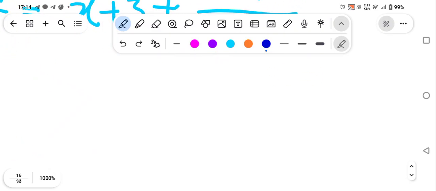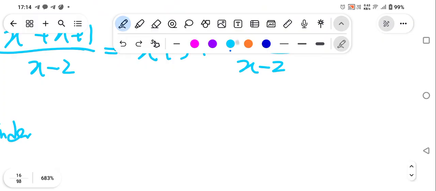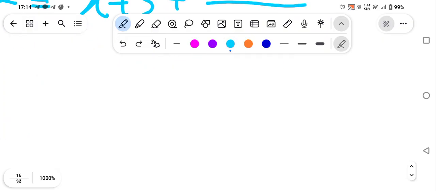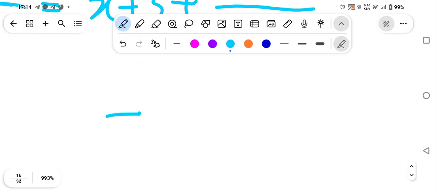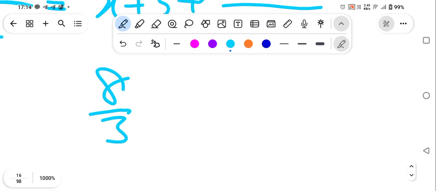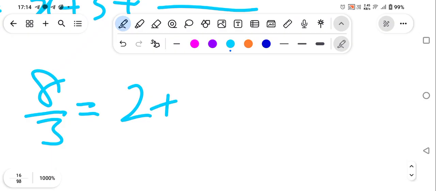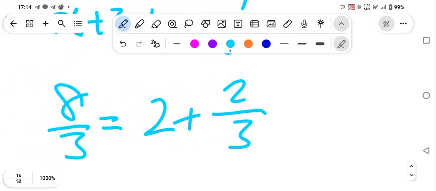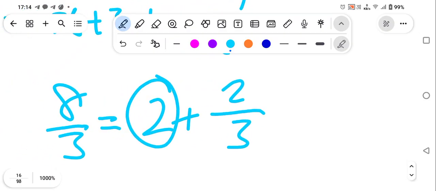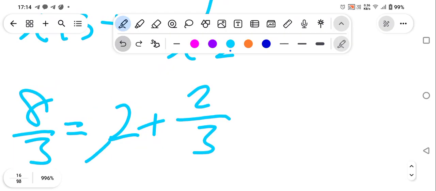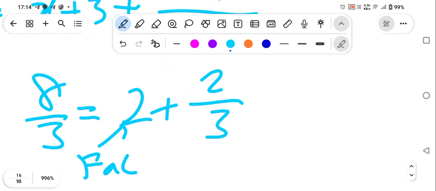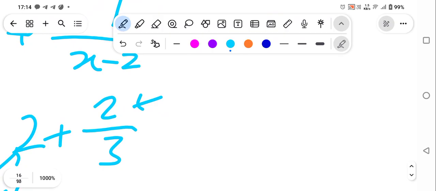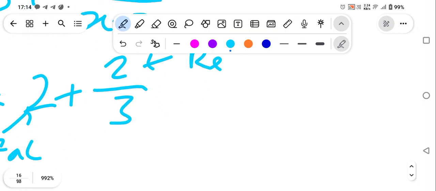You know that remainders appear in fractions. So then we're gonna return to the fractions again. Let's say a over 3 again. We have 2 plus 2 over 3. So this 2 is a factor, this is a remainder, and this is a divisor.